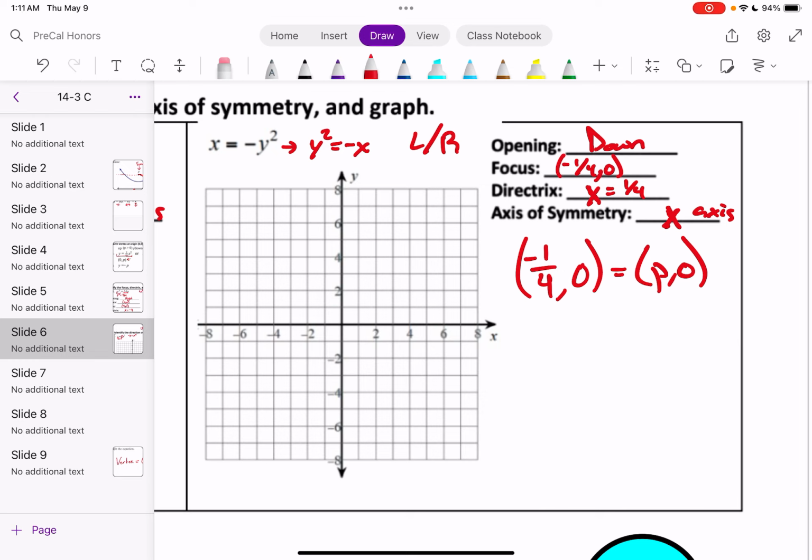Our focus would be at negative 1/4, 0, which would be right here. And our directrix would be at 1/4. So it would also go right along this line as well. We would go ahead and graph that out.